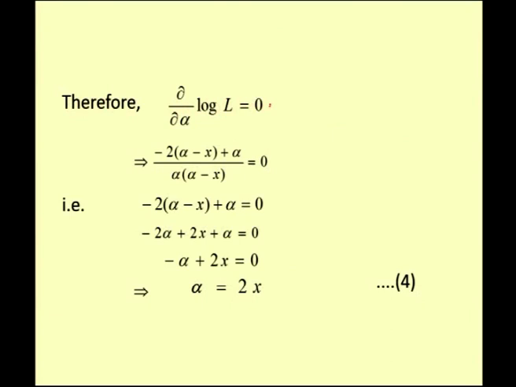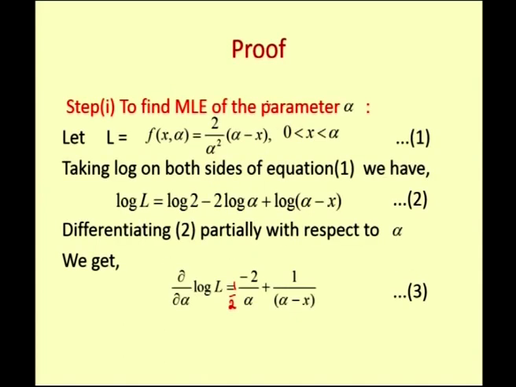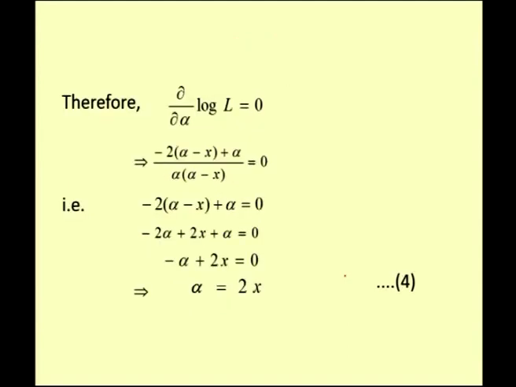Now we have to equate it to 0. Let us go to the previous step; you have to equate this to 0. When you take the LCM, you will have minus alpha into alpha minus x, minus 2 into alpha minus x, plus alpha equal to 0. Again cross multiply, the denominator becomes 0.